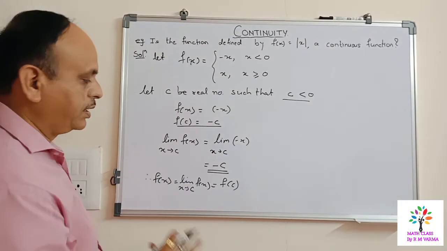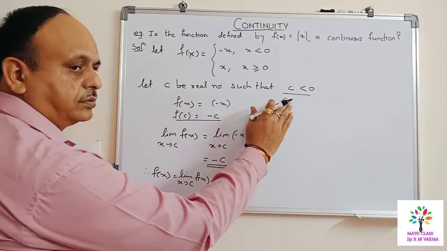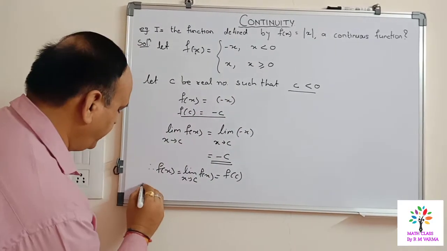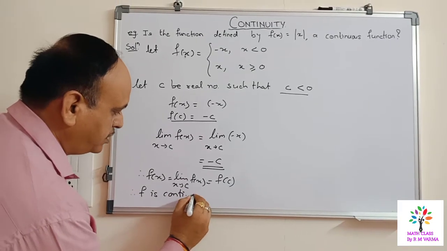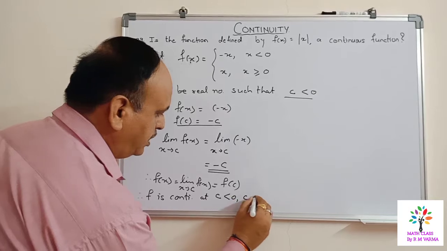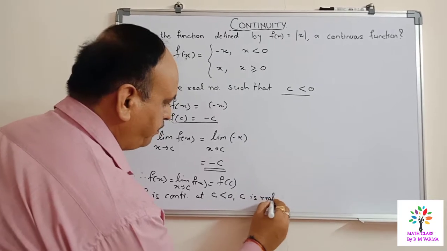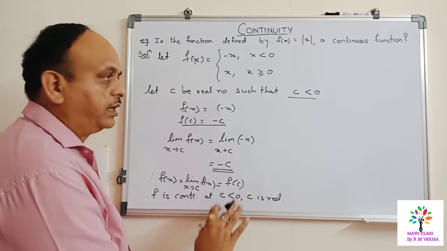Now this function becomes continuous at real value c less than 0. Therefore we can write f is continuous at c less than 0, c is real.